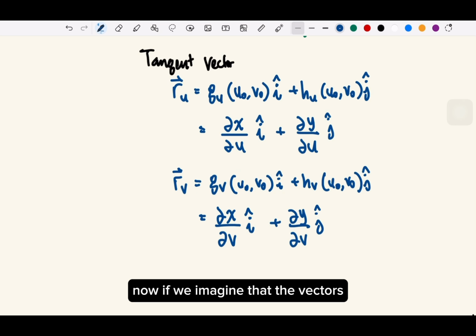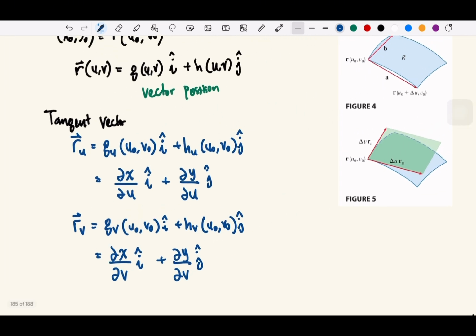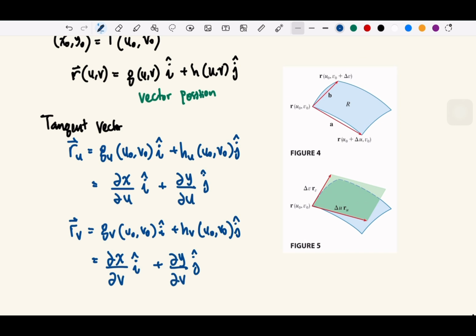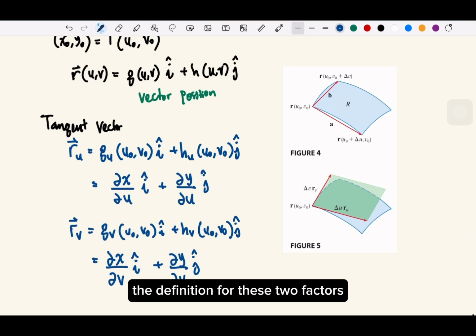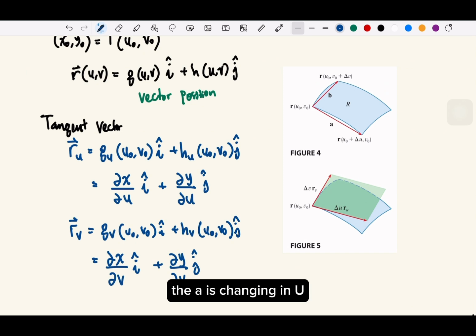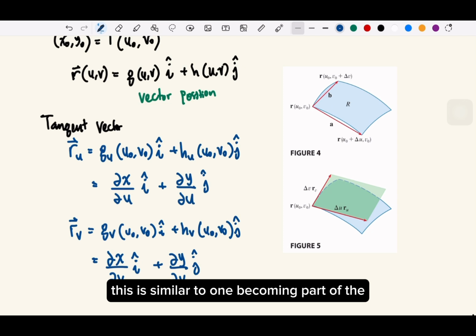Now if we imagine the vectors here, we have A and B. The definition of these two vectors is that, if we see the B, it changes only in V, so we need to add delta V to the V0. And the A is changing in U, so U0 plus delta U. This is similar to what we have in partial derivatives when we explain the tangent plane, tangent vector. Okay, so we have A and B.